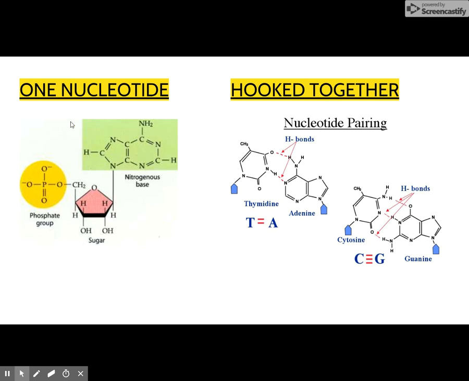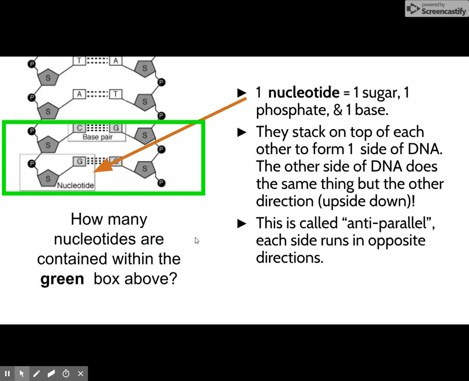This is a more detailed explanation of the nucleotide. Remember, we have a phosphate group, a deoxyribose sugar, and a nitrogen-containing base, or a nitrogenous base. So a single nucleotide is 1 sugar, 1 phosphate, 1 base.